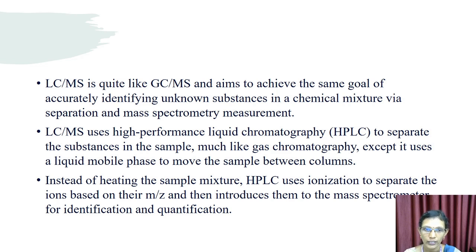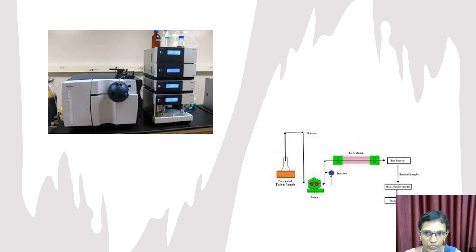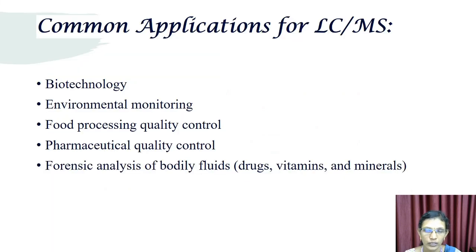And the other technique, the GCMS, involves heat, but here instead of heating the mixture, HPLC uses ionization to separate the ions based on the m/z, that means the mass to charge ratio, and then introduces them into the mass spectroscopy for identification and quantification. So these are the instruments and types.